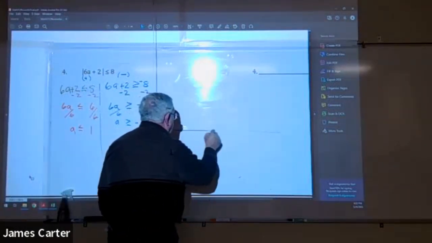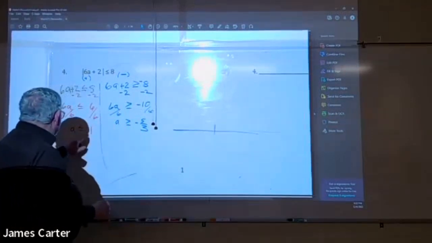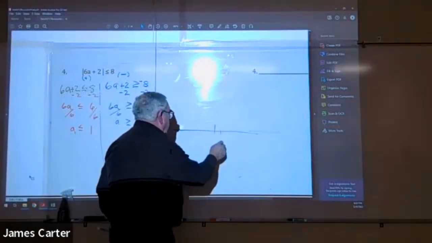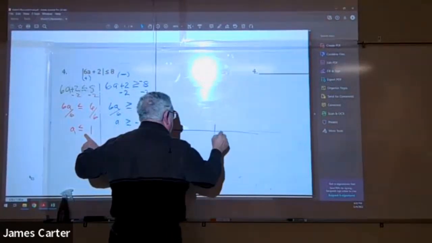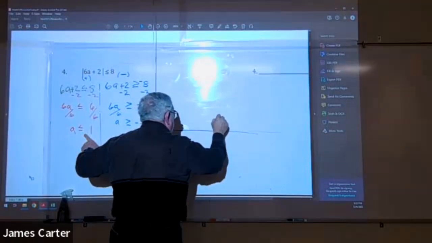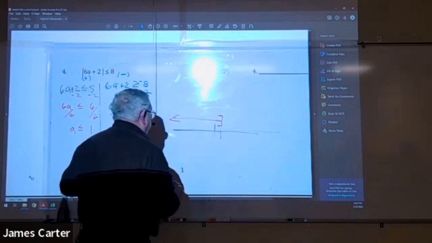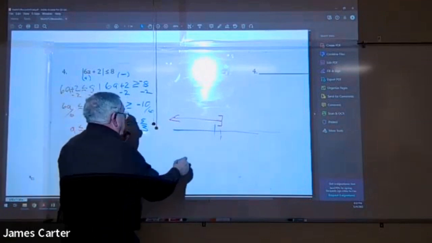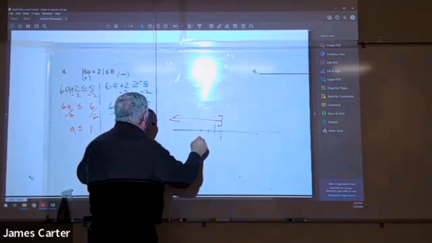So we have to do an interval notation. And the easiest way to do that is to graph them. So this one, here's 1. And this is greater than or equal to 1. So, or less than or equal to 1, I mean. So brackets, arrow this direction. This one, here's positive 1 or negative 1. Here's negative 2.